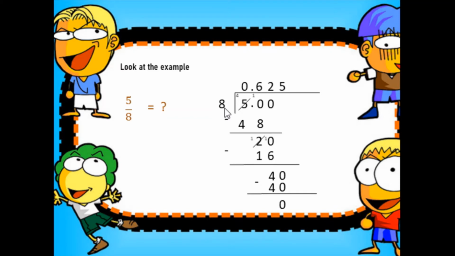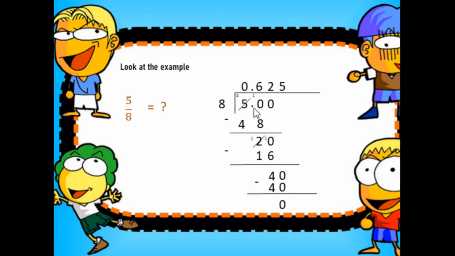No, very good. So that means we have to add 0 next to 5. So this time it becomes 50. 50 divided by 8. Alright, it is 6. Good job. 6 times 8 is 48. Very good.